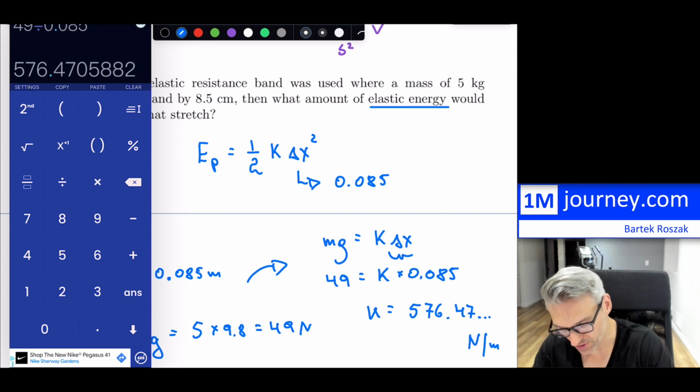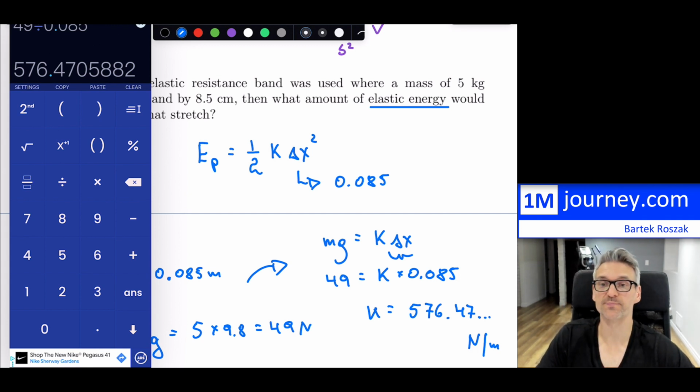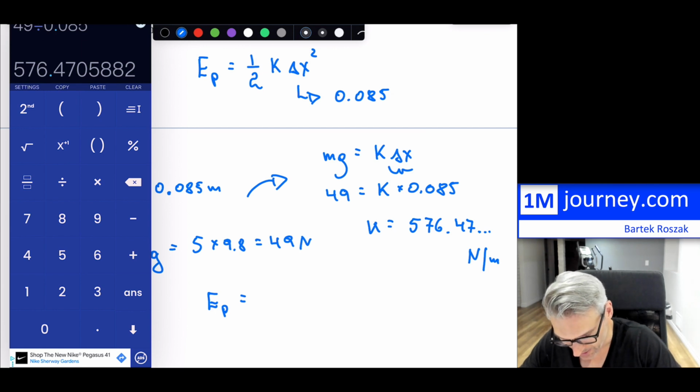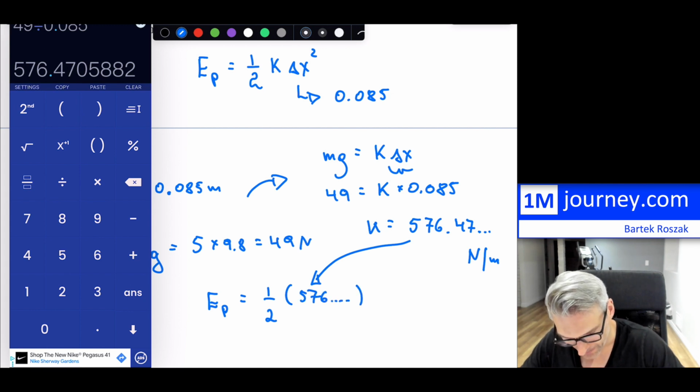So now substituting it back above for the elastic potential energy, that's what the P is, just potential. I'm going to take 1/2, substitute this K in here, so that's 576, etc., and then 0.085, and that's going to be squared.